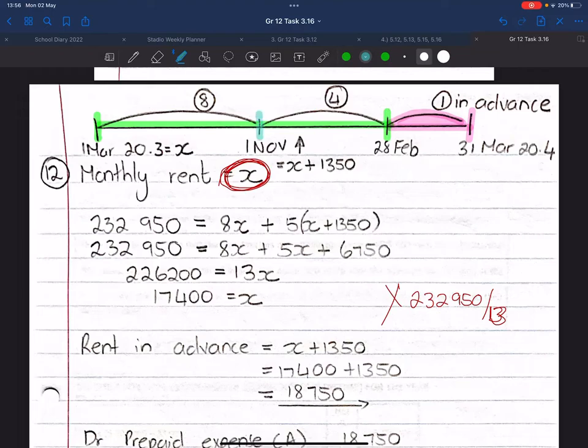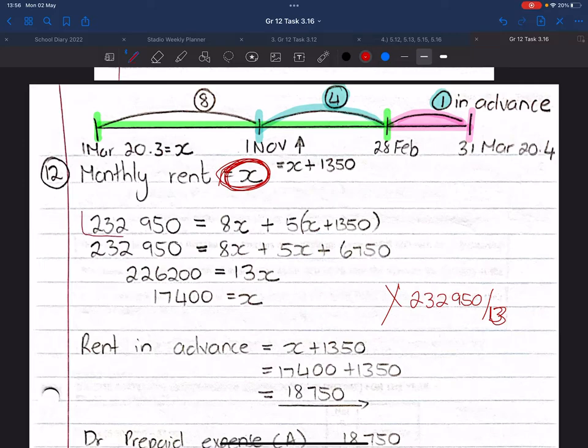Then here on the 1st of November, so for 4 months, there was the increase, and this amount will also include the increase. So now to determine what the monthly rent amount is, we're going to say the monthly rent is X. Okay, so that's what we're trying to determine, is X. How much is the monthly rent?